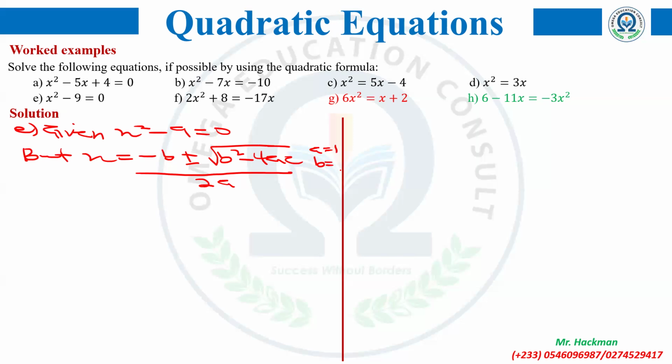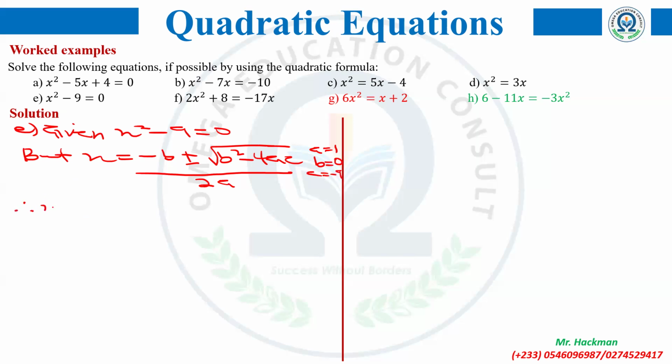Quickly. b is 0, because there is no term in x for you to extract its coefficient. And what will be c? -9. Very good. We did this when we were checking the possibility of factorization, so it shouldn't be a problem.